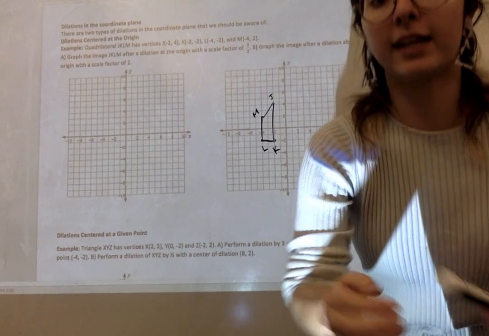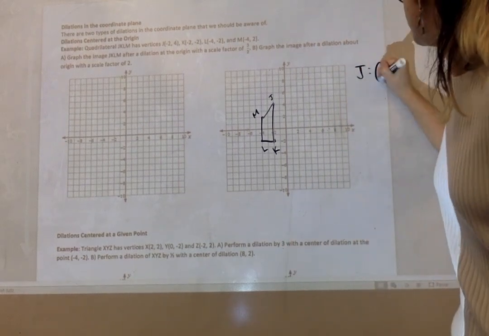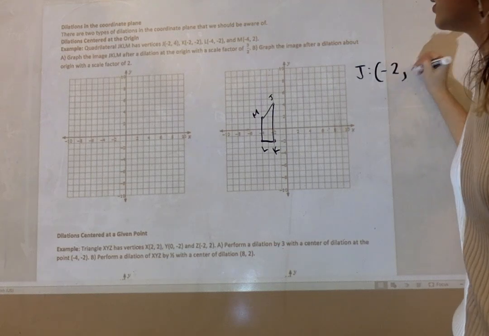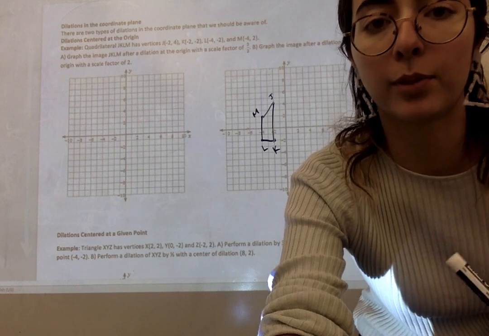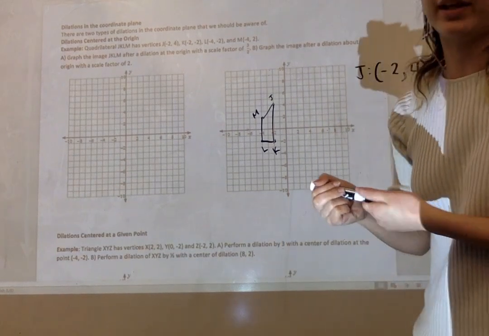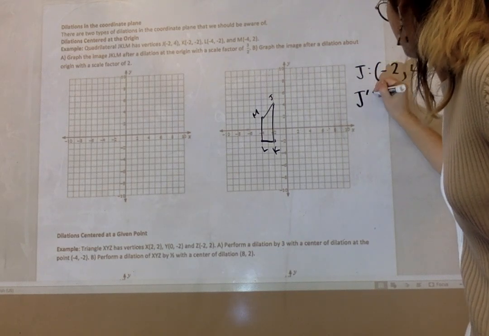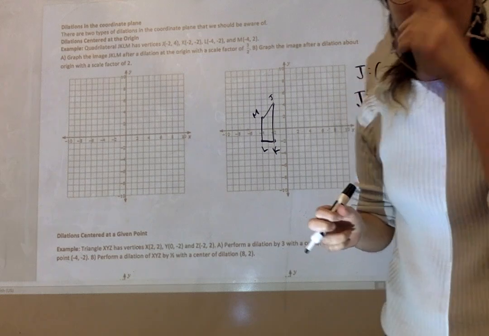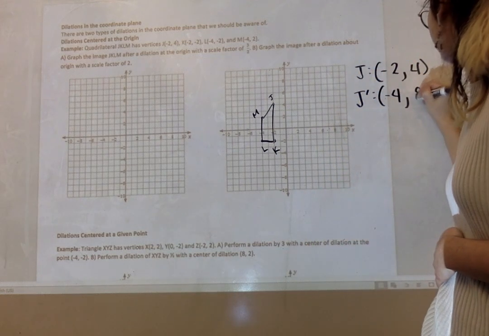So we started with J at -2, 4. Okay, so that means that I'm going to want to double it. So now J prime, the image point for J, is going to be -4, 8.